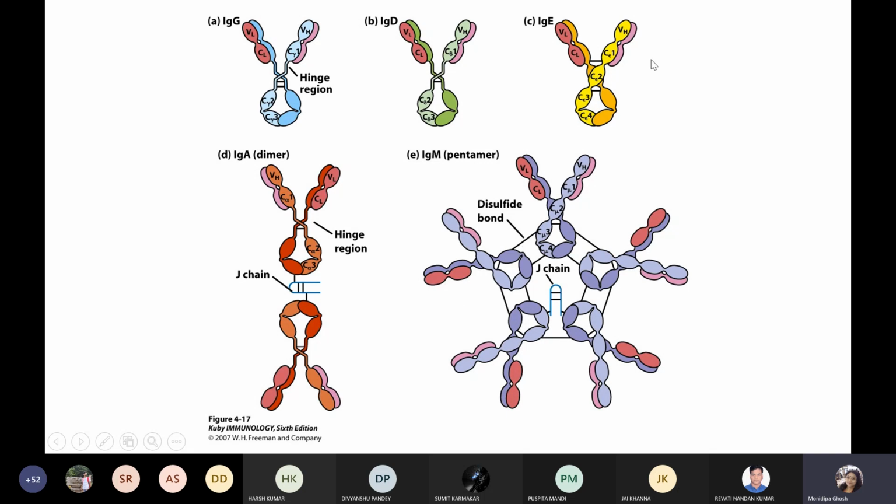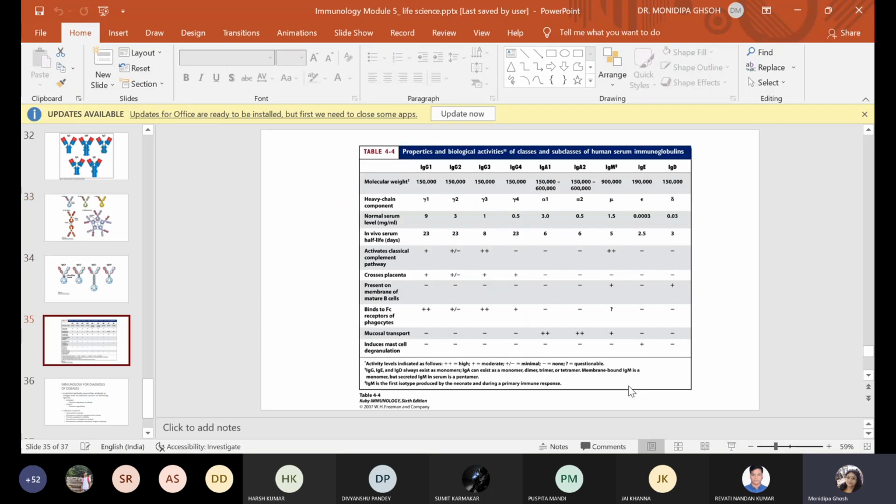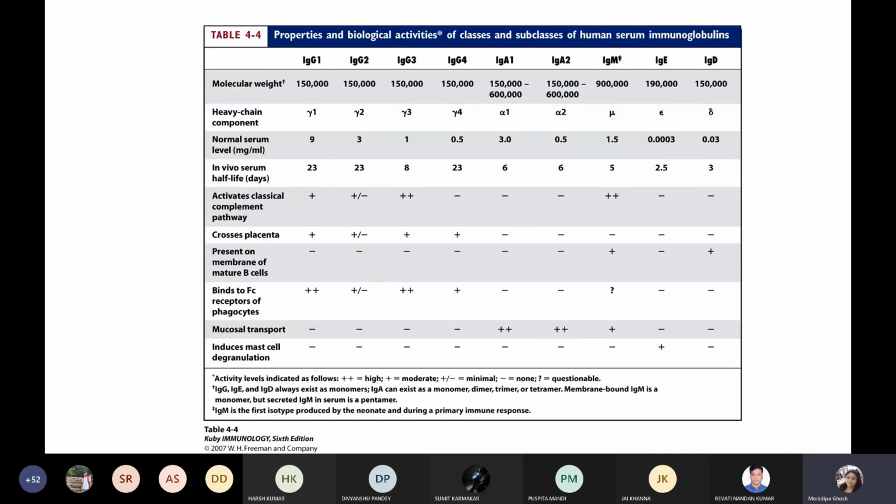So if a pathogen interacts, 10 FAB portions will be accessing a single pathogen molecule, and it helps to neutralize, clear, lyse, and kill the pathogen very fast. That is why the first line antibody in the primary immune response prevails in the body as a pentameric complex. Then what is the next level of antibody produced?